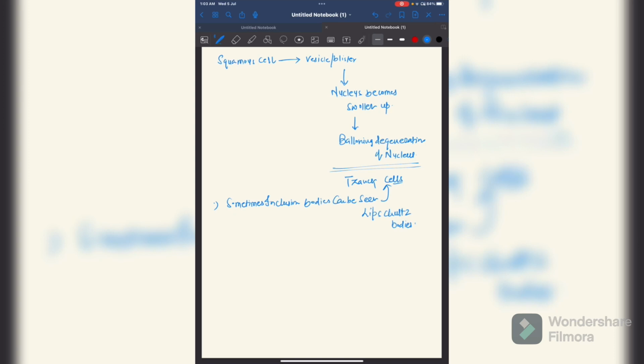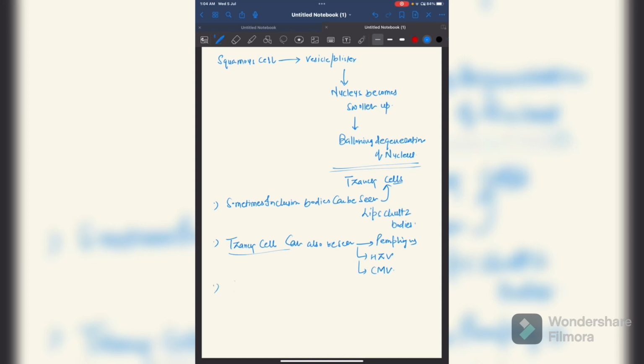Okay, and remember, this Tzanck cell can also be seen in pemphigus, in case of herpes zoster virus, cytomegalovirus. So we can say that it is not pathognomonic of the herpes simplex virus.